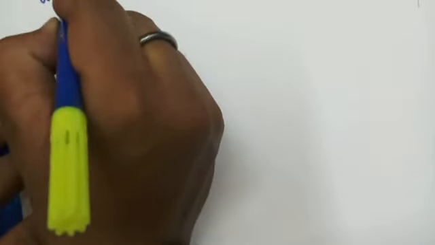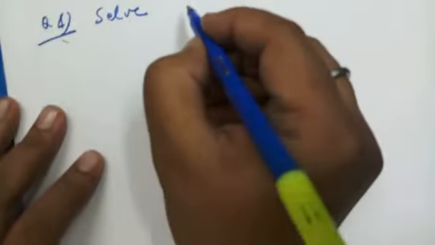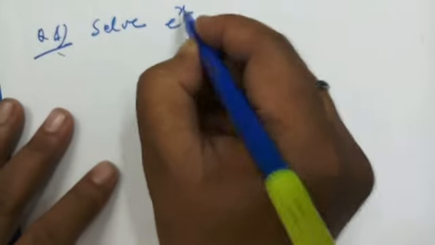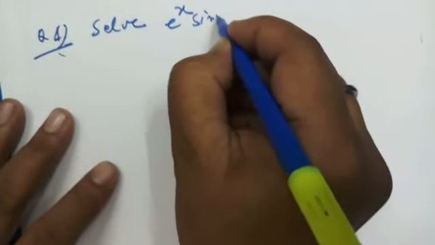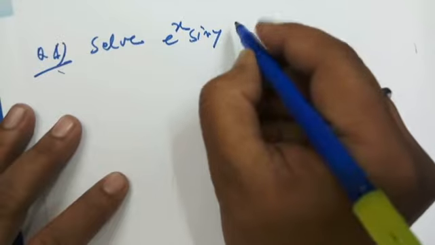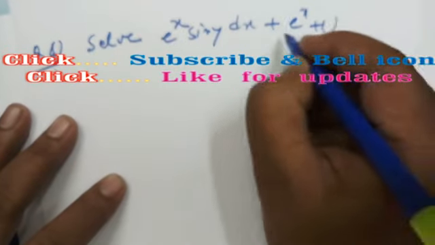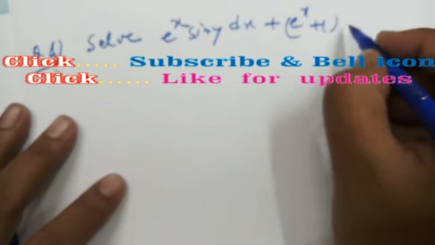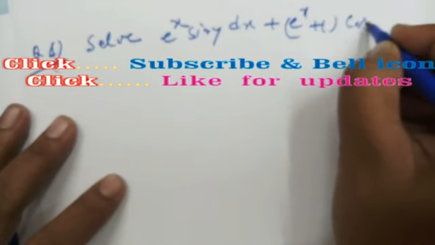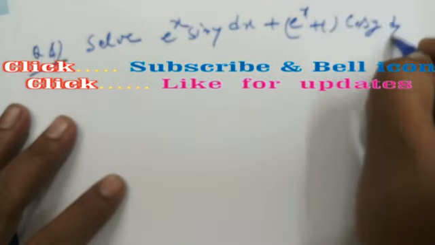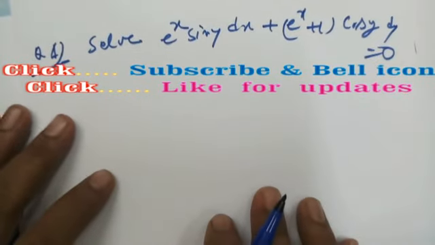Question number 1 is: solve e power x sin y dx plus (e power x plus 1) cos y dy equal to 0.